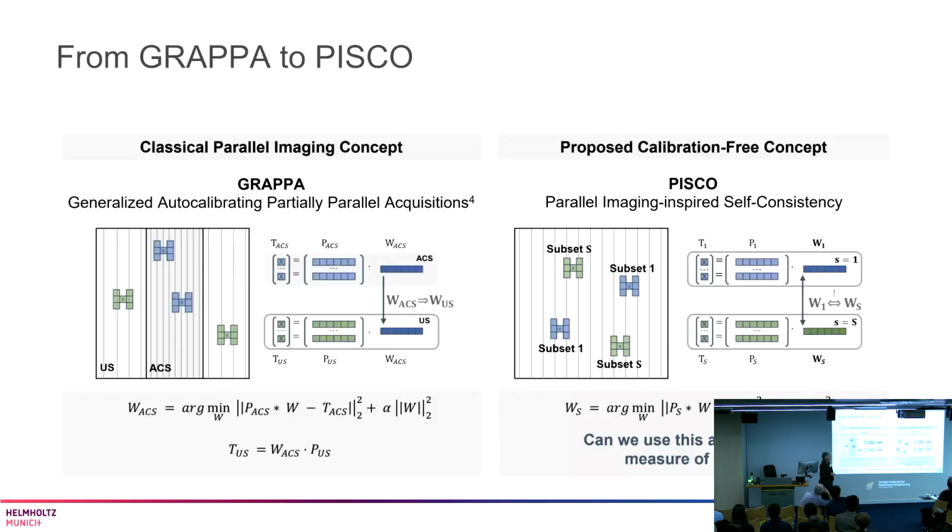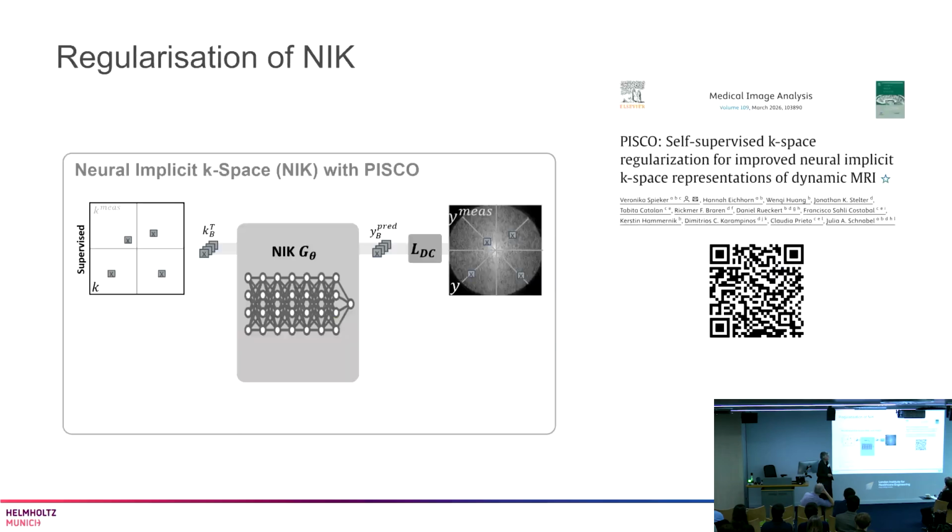And basically, we can then use that. Ideally, these weights, which we can derive from that, will be quite similar to one another, almost the same, right? So we can use one of these weight systems in our equation. So going back to NIK, the neural implicit k-space method, that just used a data consistency term here.